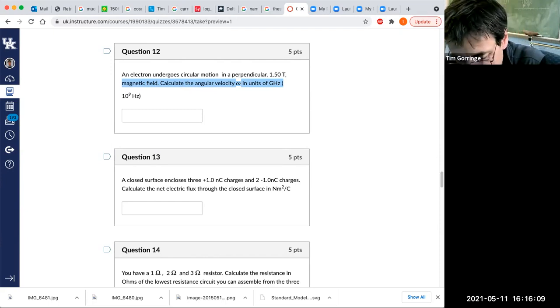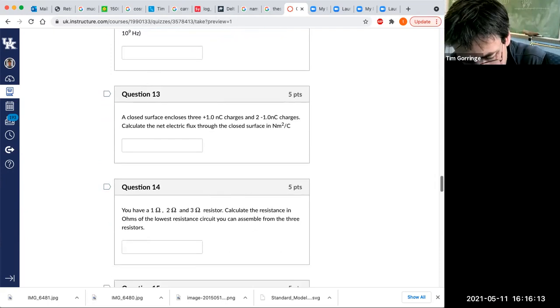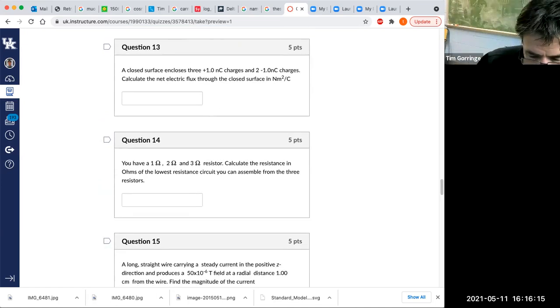Okay, next question. Next question is number 13. And in number 13, we're told that we've got a closed surface, and inside that closed surface are 3 positive charges of 1 nanocoulomb and 2 negative charges of -1 nanocoulomb.